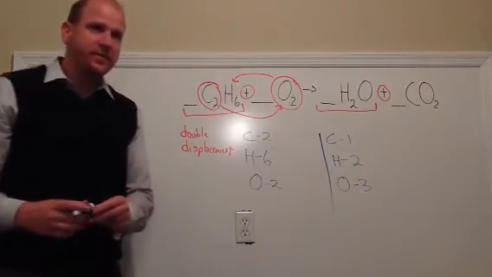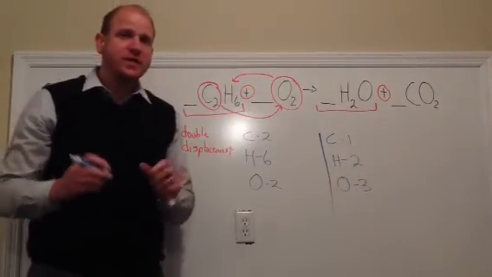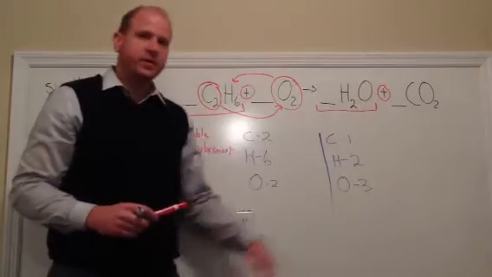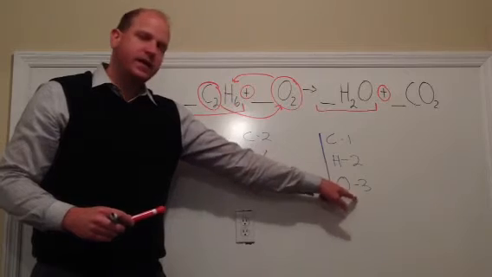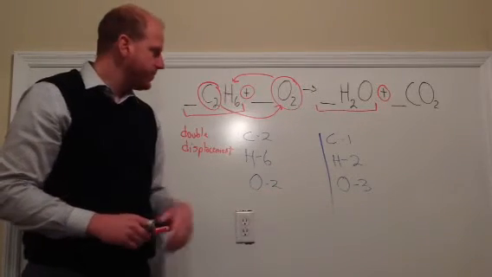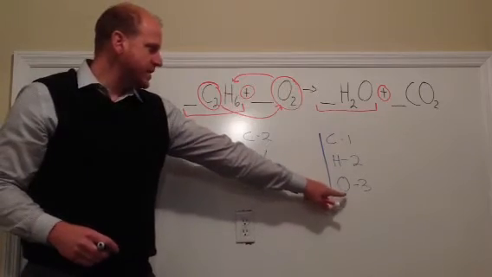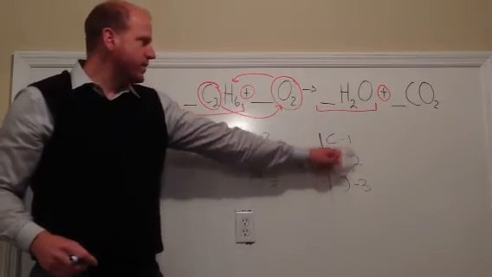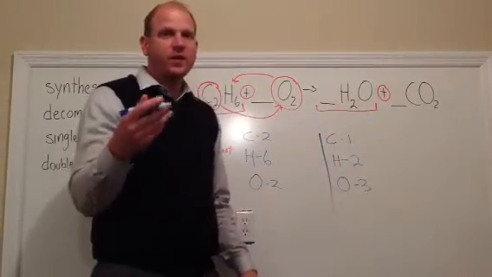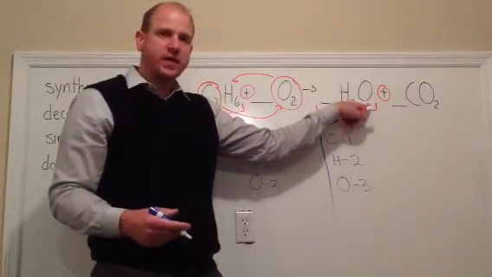And now I can begin to balance. I always like to start with my odd numbers. If I have an even and an odd number, I know I'm going to have to make that odd number even so that I can balance out with the other side. So I'm going to start with my oxygen since that's my odd number. There's 3 of them: I have 1 right here and 2 right here. I'm working with the odd number, so I need to change this 1.